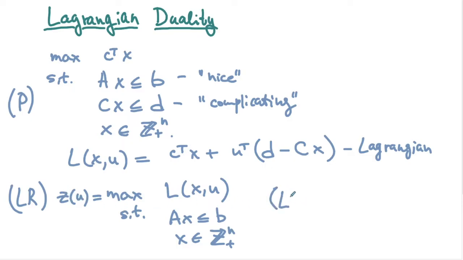So we maximize with respect to x, we obtain the objective for the Lagrangian dual, z of u. And then the Lagrangian dual will be given by z hat is equal to the minimum of z of u such that u is greater than or equal to 0.